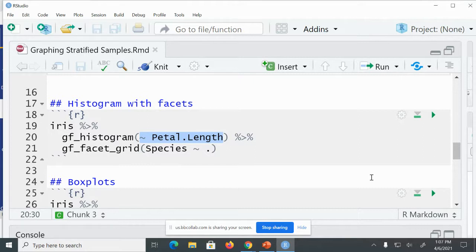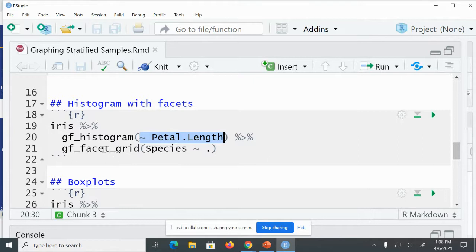But because in a histogram the y-axis is always the count of how many data points are in that range for our quantitative variable, we don't put anything before the squiggle. We just put the variable we want to graph after the squiggle.